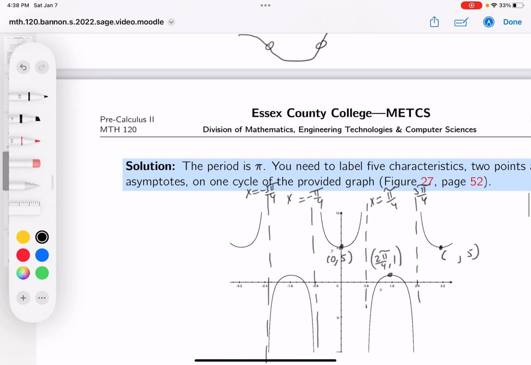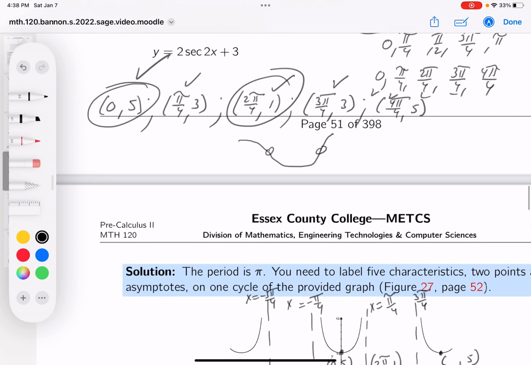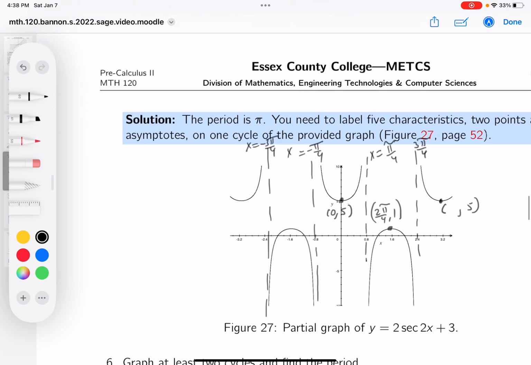So before I go on, I want to talk about the period of the problem. The period of the problem, if you look at it, is going from 0 up to pi, so the period's pi. So what I am doing is just moving up pi units. So this will be pi over here. Now again, you might say, how would you move to this one over here? Well, I know the y-coordinate's 1. Now, what are you doing? You're moving down pi units from 2 pi over 4.